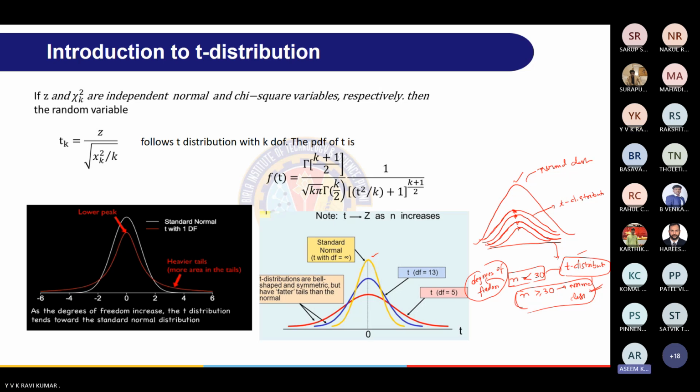For the same sample size, the normal distribution will have a smaller sigma square and the T distribution will have a bigger sigma square. No, for the same sample size, what is your sample size? Suppose it is greater than 30, undoubtedly it is rock solid. That is the normal distribution. It becomes delicate below 30.